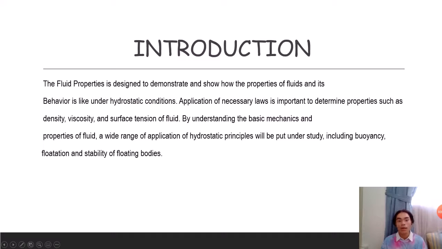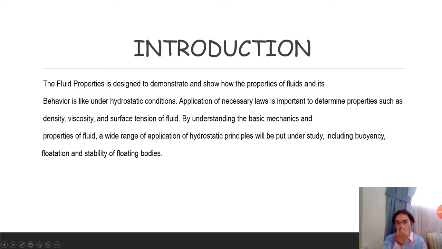What I mean by hydrostatic conditions is when the object or the unit is submerged either partially or fully in water. Application of necessary laws such as Pascal and Archimedes law is important to determine properties such as density, viscosity, and surface tension of fluid.